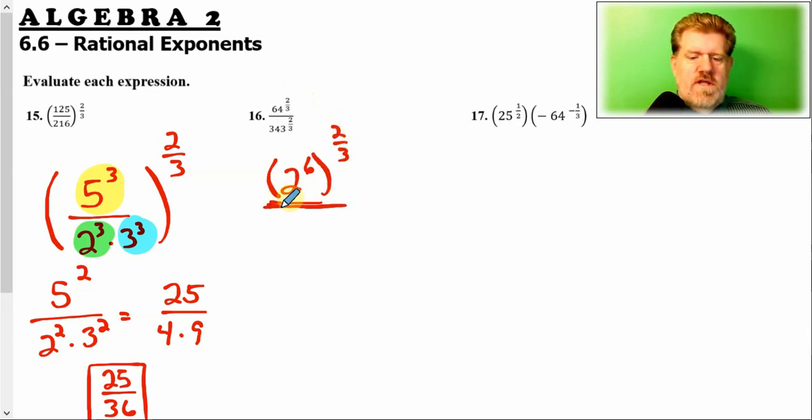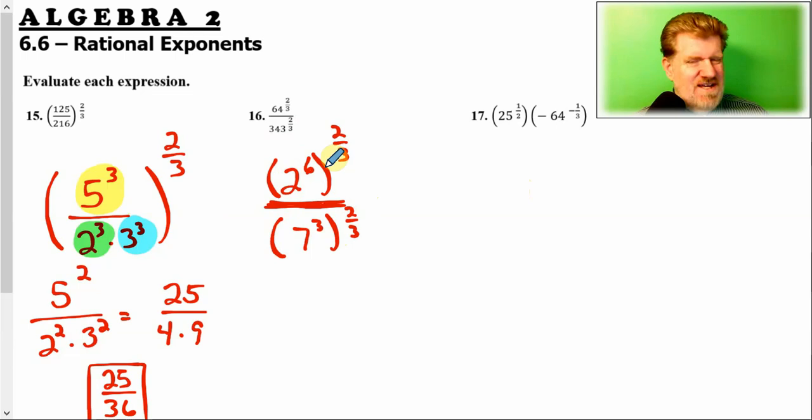Now 343. What's that one? I bet you we can divide that by 7. I'm going to give it a shot here. 343 divided by 7. Yeah, guess what? It's 7 to the 3rd power. I kind of recognized that as a possibility, but it didn't come naturally.